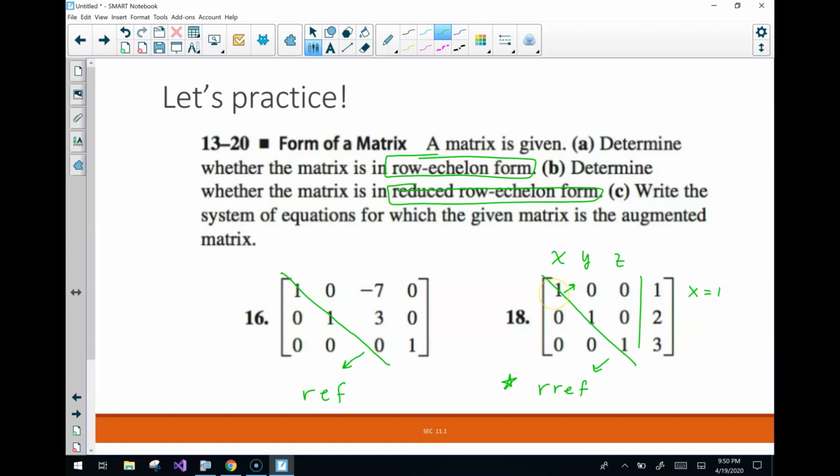The official equation is x plus 0 is 1, so that's just x equals 1. 0x plus y plus 0z, the zeros cancel out the x and the z, leaving us with just y equals 2. 0x, 0y plus z, so that's just z equals 3, and we have the quickest answer with reduced row echelon form. Row echelon form requires us to do back substitution. We're just going to zip to the answers, RREF.